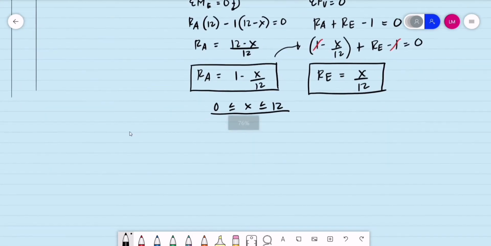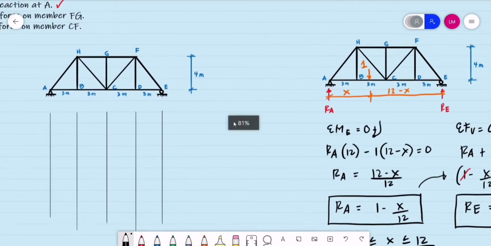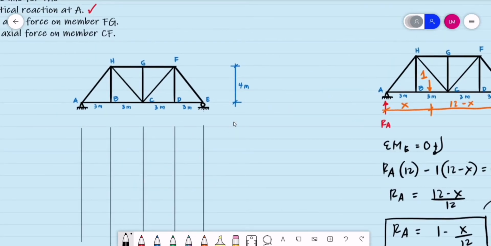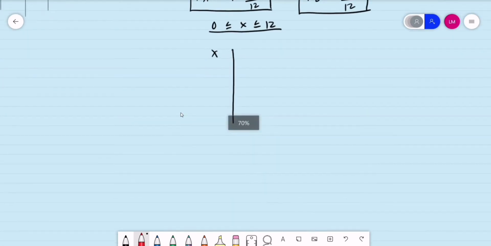Okay, since we are required to draw the influence line for R sub A, we are to use the values of x. I'll be using the exact values for the points A, B, C, D, and E, those are the joints on the deck of this bridge truss.